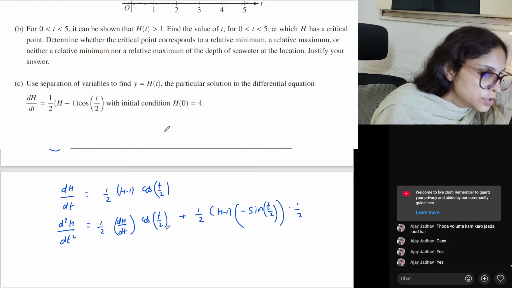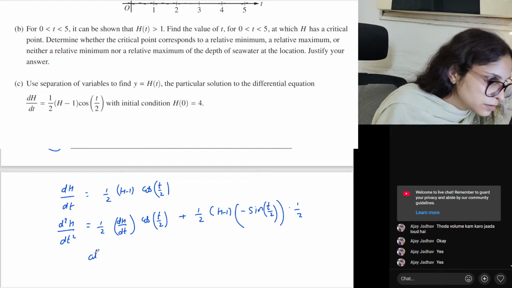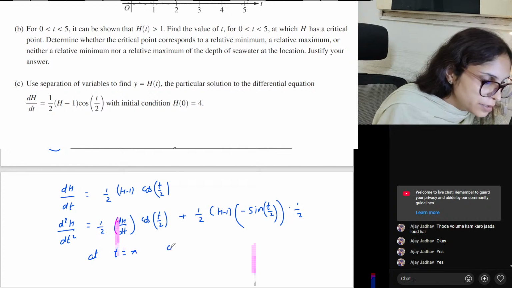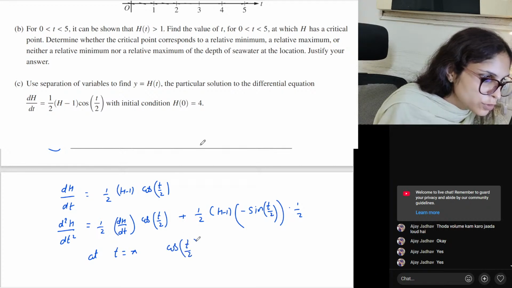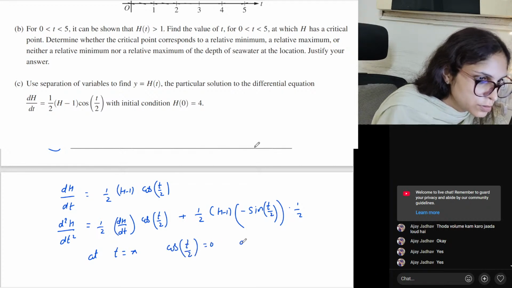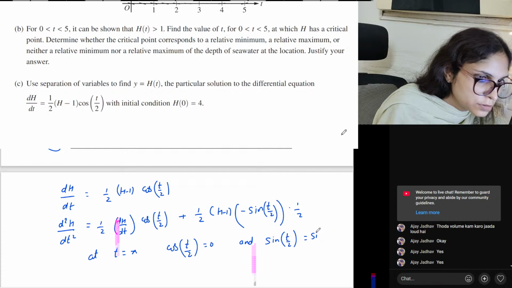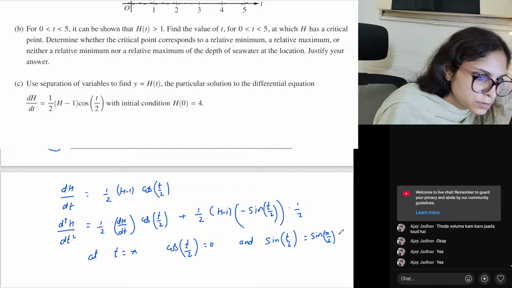Okay. So now we know that at t equal to pi, cosine t over 2 is 0, and sine of t over 2 becomes sine of pi over 2, which is 1.